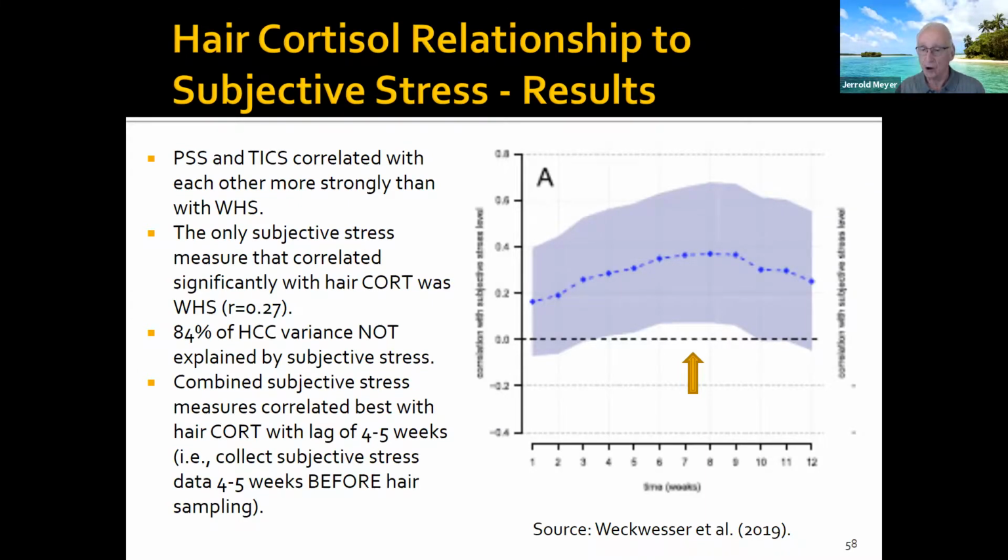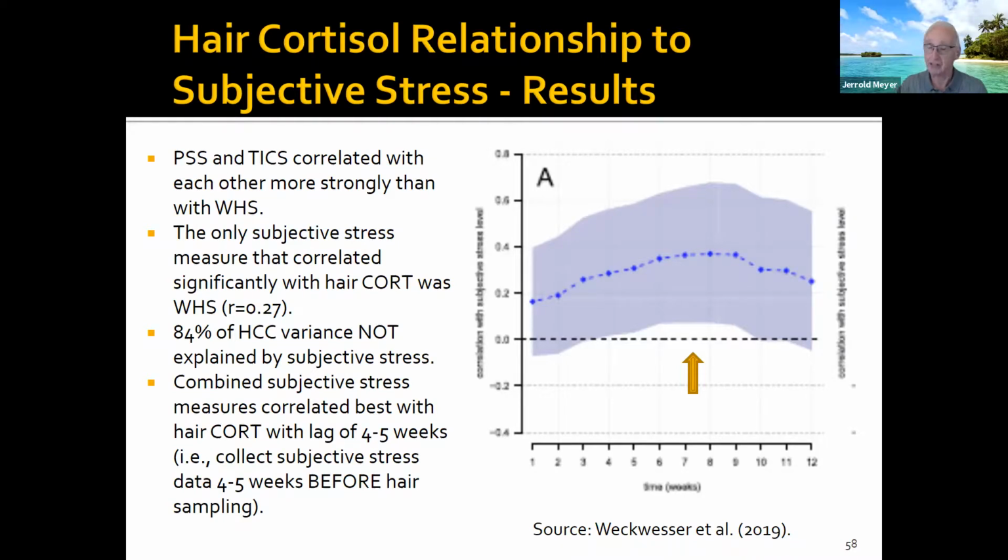Those systems overlap for sure, but they're not identical. There are differences in the neural pathways that give rise to subjective stress versus cortisol release or any other biological marker. So this is further rationale why you want to do both.